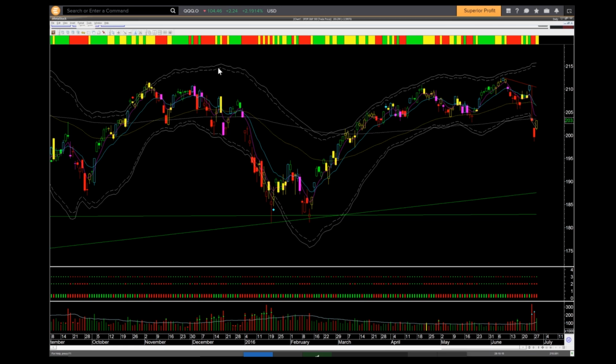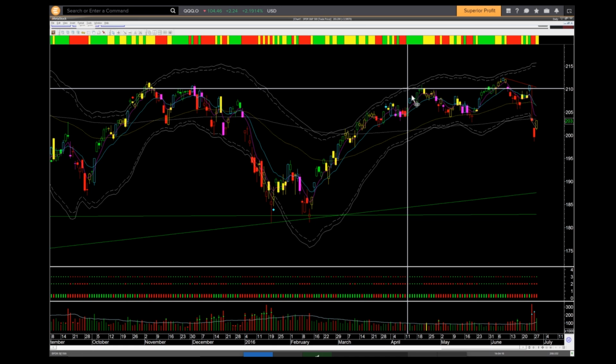For example, I will draw a vertical line. Now if we look on the right of this vertical line, if one had entered a long trade on this day, which is 13th April 2016, using SPY, then we would like to book profit at the upper boundary if it was a swing trade.